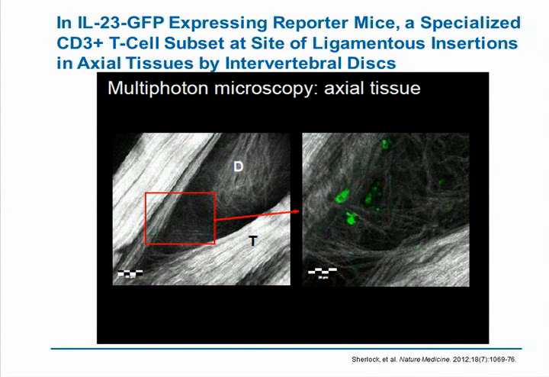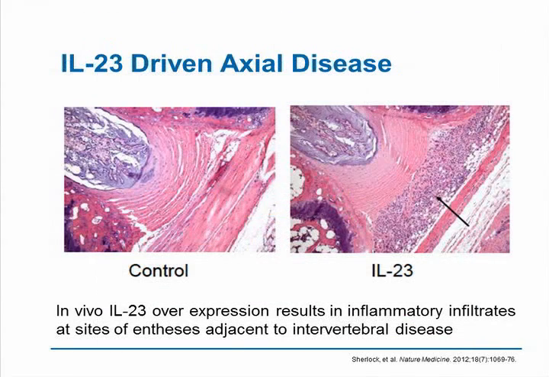And here they're examining these cells that will be associated with the region where the longitudinal ligament inserts, at a space not far from the intervertebral disc, so looking at the axial spine right now.